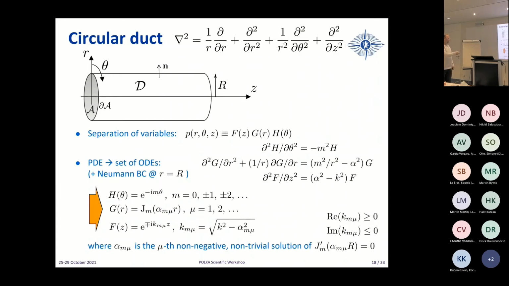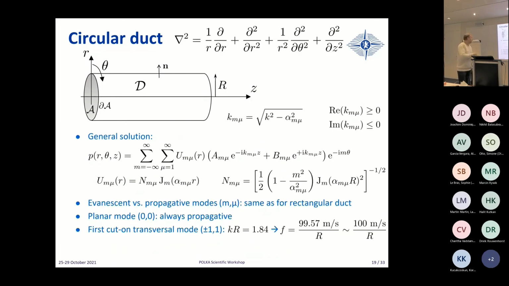Okay, so that's what we have in here. And then likewise, just as before, we have a dependence along the propagation axis that is the same as before, simply with a different value for k and mu. But same game as before. You are going to have waves that are propagating or evanescent, and that depends on whether your frequency is large enough compared to the alpha and mu values that you have.